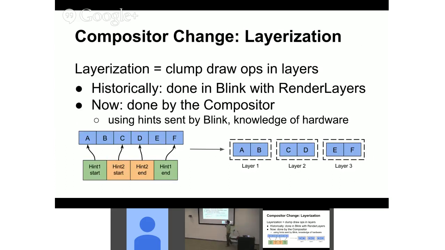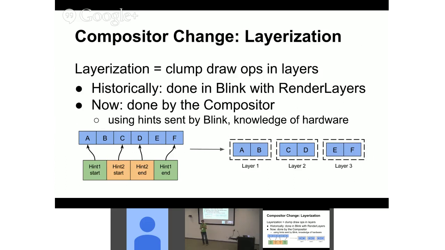Right. So I'm going to briefly describe how layerization will work in the compositor in this new world order. As Stephen said before, Blink will emit this list of display items, and some of them will be hints about layerization. For example, these things are clipped together, or these things are transformed together. And as we scan through the list, we can cluster groups of them and stick them into composited backings here.